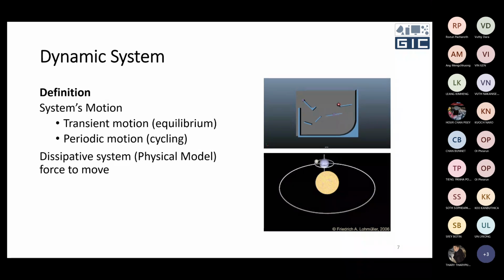But if you have thousands or millions of periodic signals plus one aperiodic signal, the result of the combination will become an aperiodic signal.